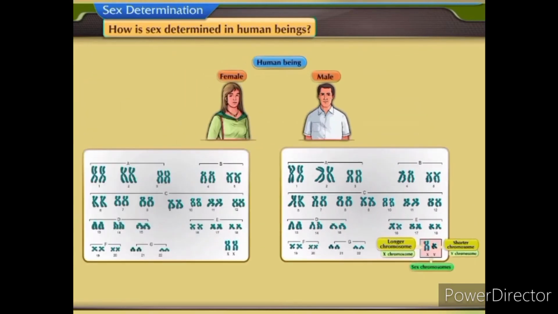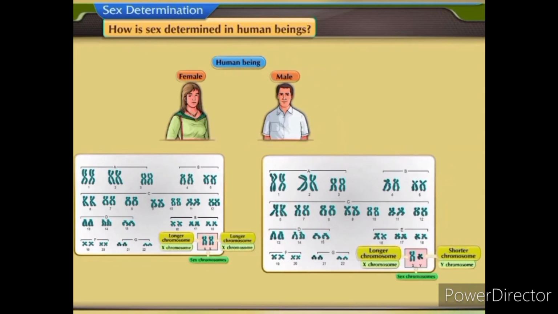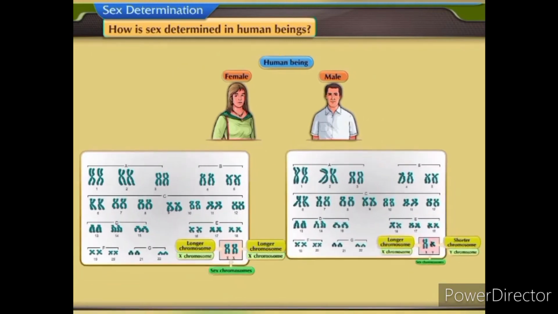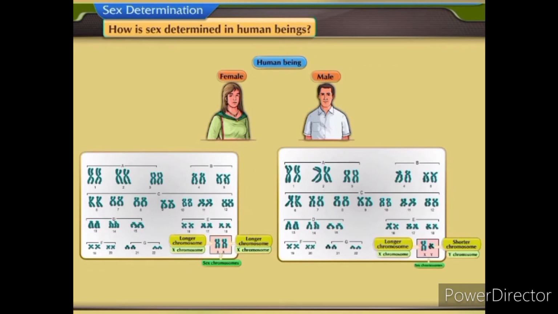In human females, the last pair of sex chromosomes shows two similar chromosomes, that is, two long X chromosomes. Thus, the last chromosome pair of the male parent has X, Y, and the female parent has X, X as its genetic constitution.